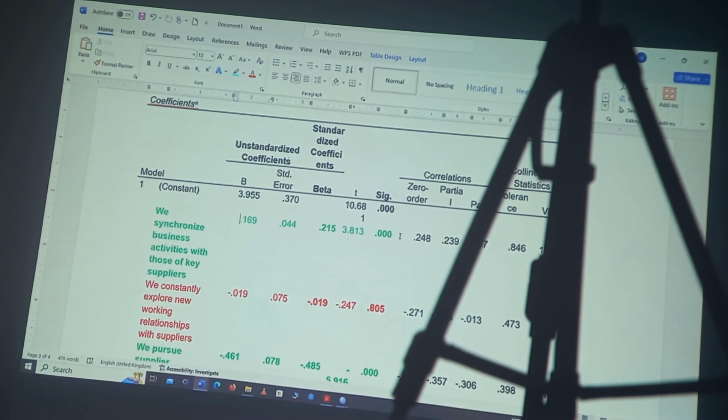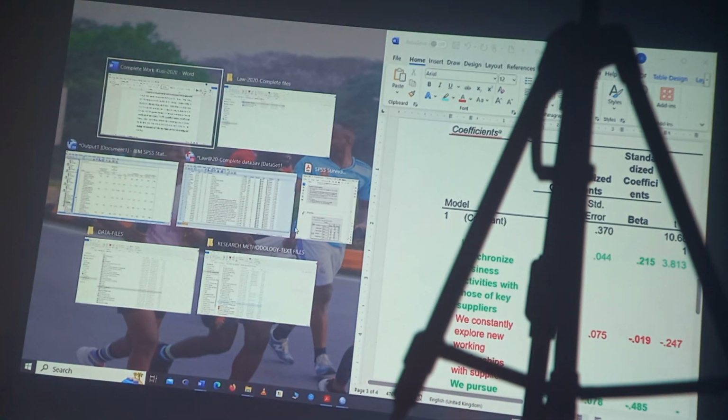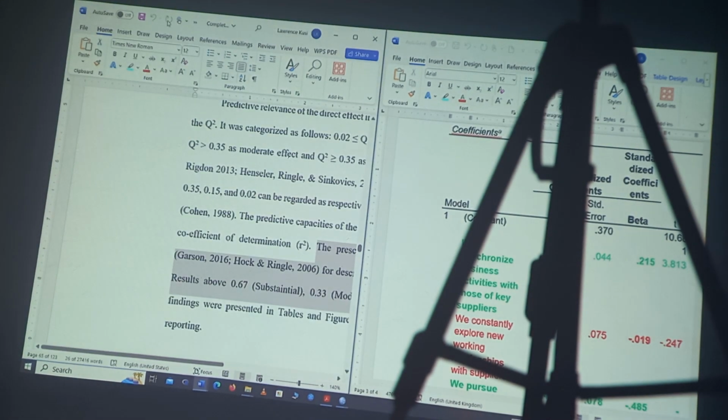So let's create a hypothetical case here and just try to write the regression function.